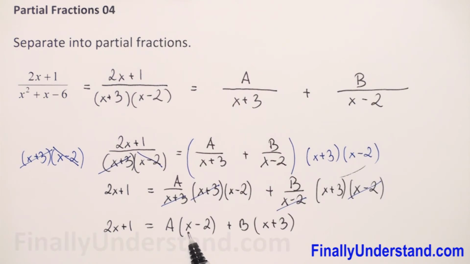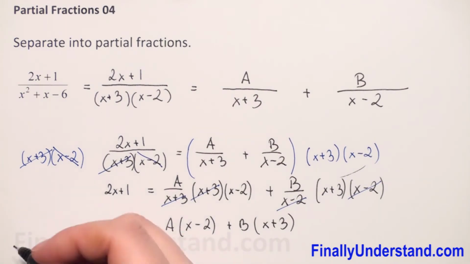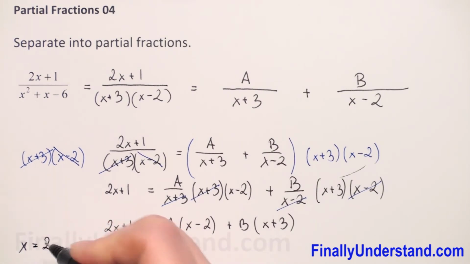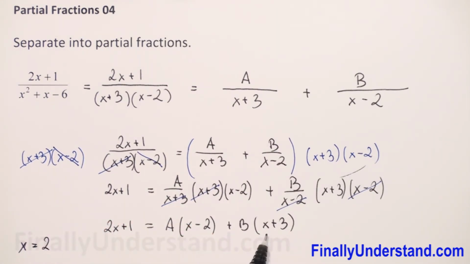When we substitute x by 2, the first term will reduce, and when we substitute x by -3, the second term will reduce. So let's do this. First, x will be 2. So now each x we have to substitute by 2.